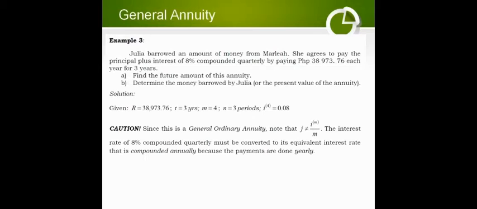So i raised to m, that is 0.08. Okay, caution. Since this is a general ordinary annuity, note that the i is not equal to i raised to m all over m. The interest rate of 8% compounded quarterly must be converted to its equivalent interest rate that is compounded annually because the payments are done yearly.